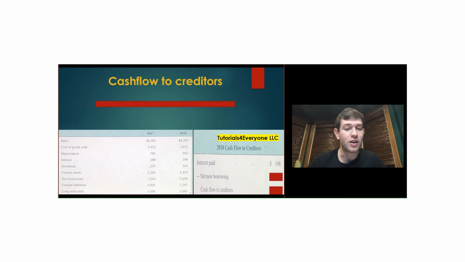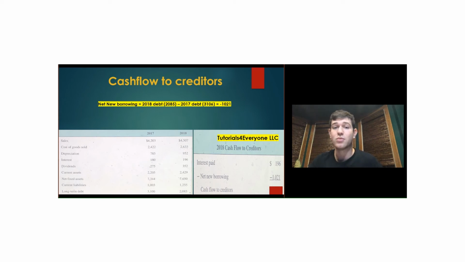So if we look at our table, in 2018, we have a $2,085 long-term debt, as opposed to 2017, which was $3,106. So we take the 2018 debt, subtract the 2017 debt, and we get negative 1,021, which means our debt from 2018 was $1,021 less than 2017. We subtract that from interest paid, and we get our cash flow to creditors.